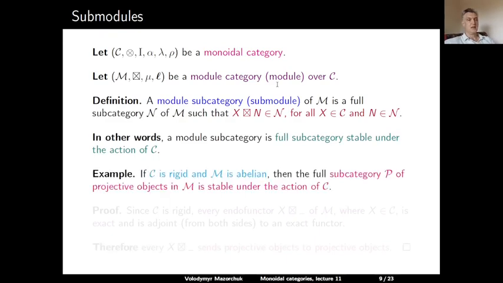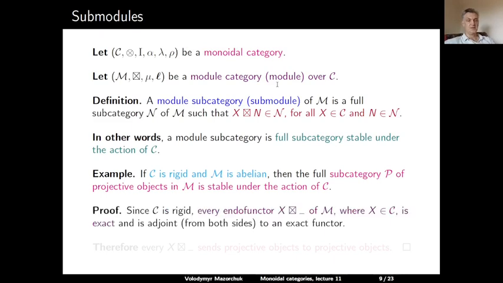For example, if C is a rigid monoidal category and M is an abelian module category over C, then the full subcategory P of projective objects in M is always stable under the action of C. Indeed, as we saw on the previous slide, if C is rigid, then any object in C acts as an exact endofunctor on M. And it has both left and right adjoint, which is again given by the action of some object in C. But this means that each X in C acts as a functor which is left adjoint to an exact functor.